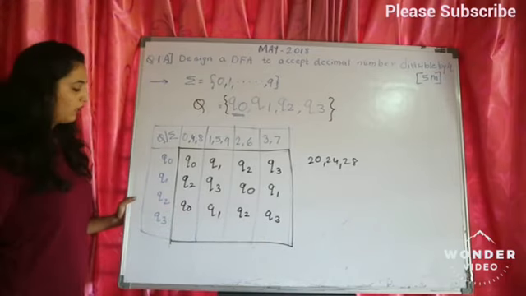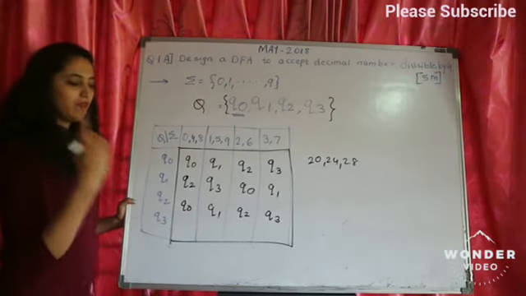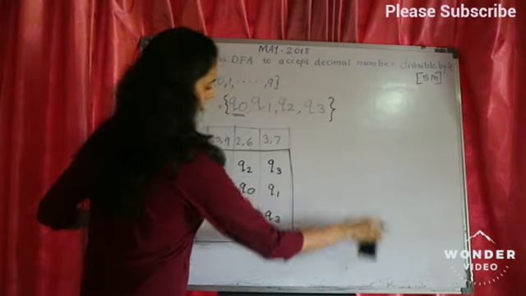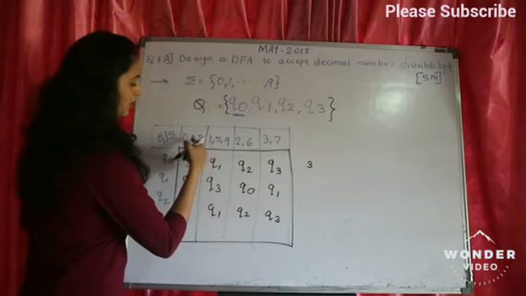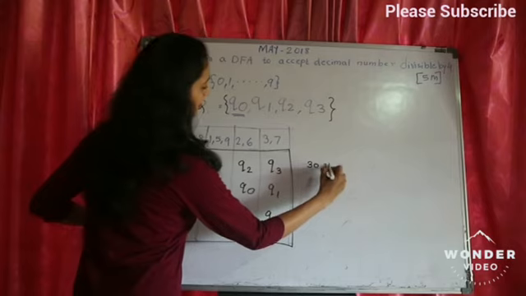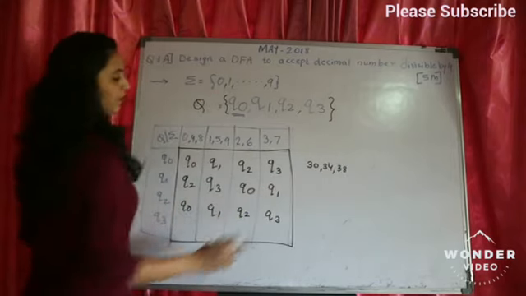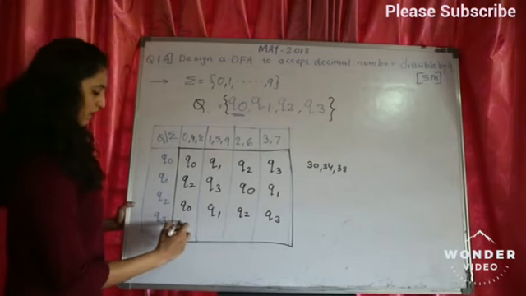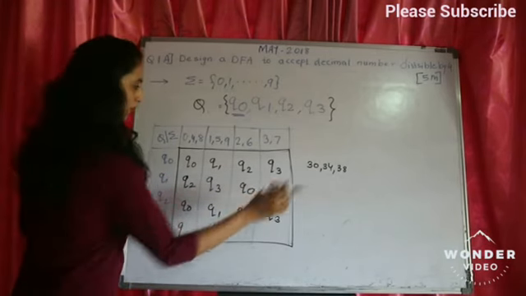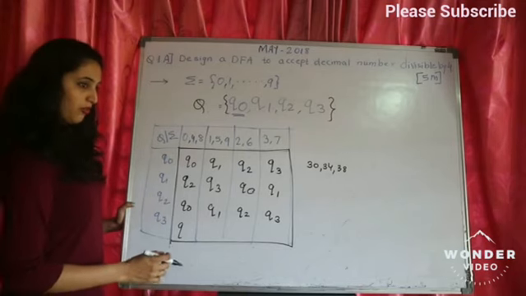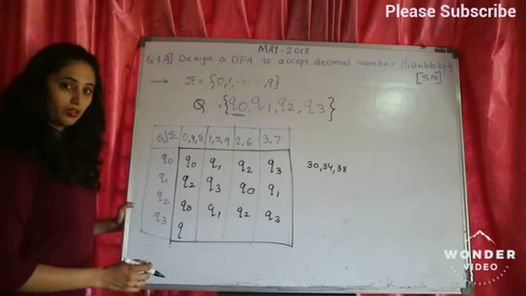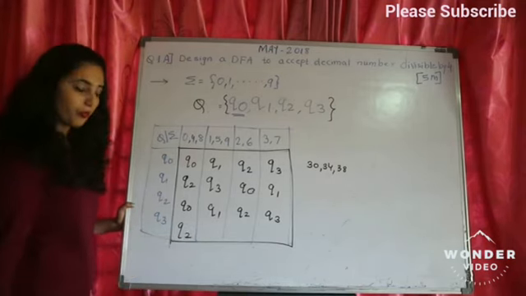Next is Q3. If we are there, of course, we will have the remainder 3 with us. On 3, if I get 0, 4 or 8, the number becomes 30, 34 or 38. To find the remainder, 30 mod 4: 4 sevens are 28, and the remainder is 2.